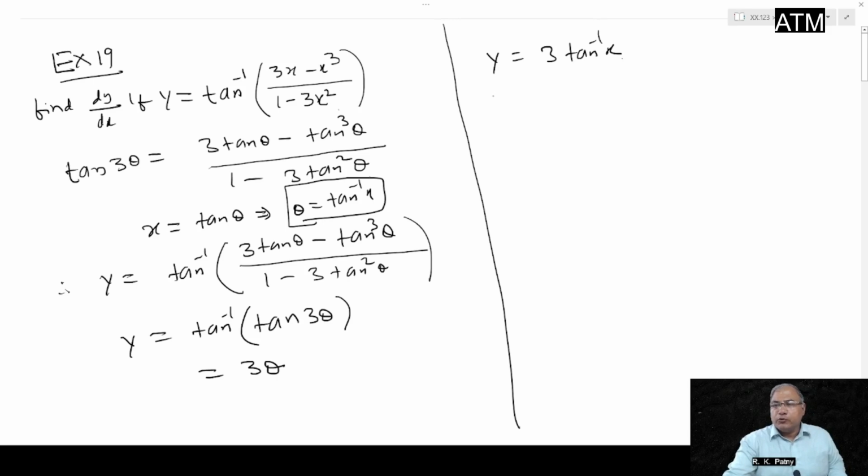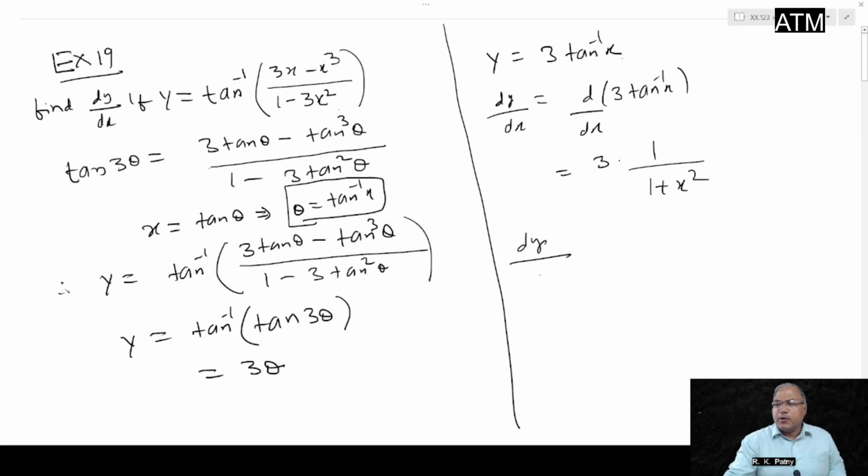Now we are going to do the derivative, that is dy by dx equals the differentiation of 3 tan inverse of x with respect to x, that is equal to 3 into the derivative of tan inverse x, which is nothing but 1 upon 1 plus x square. Therefore dy by dx equals 3 upon 1 plus x square. This is the required solution.